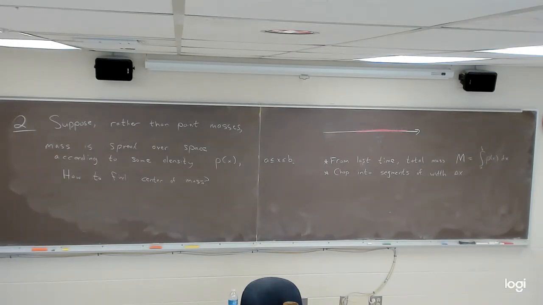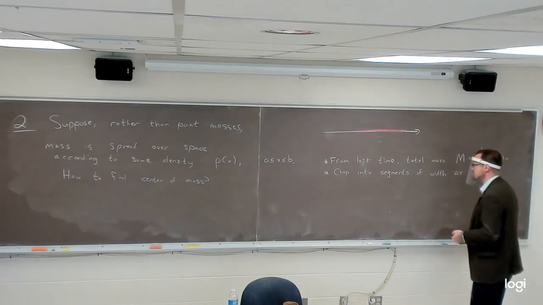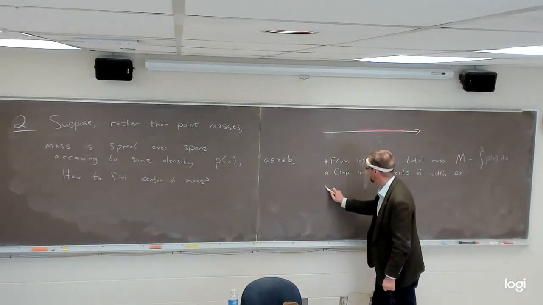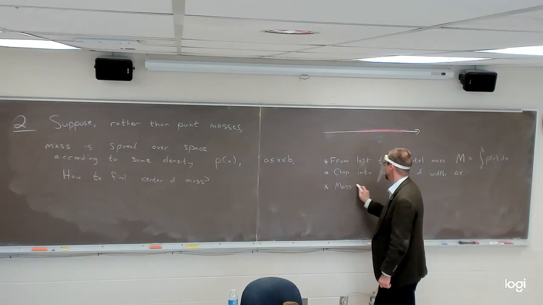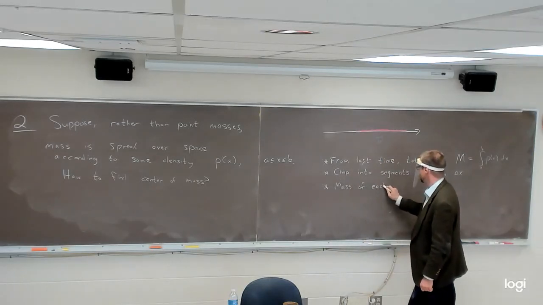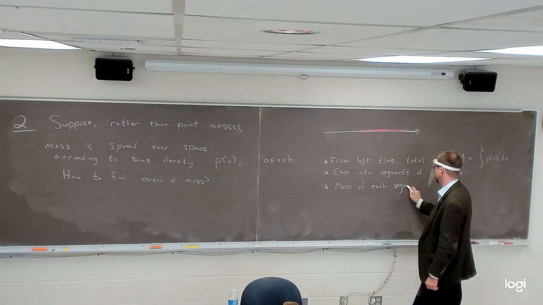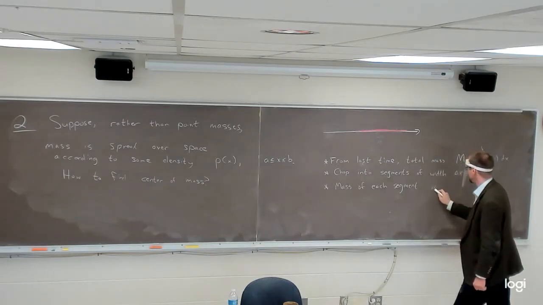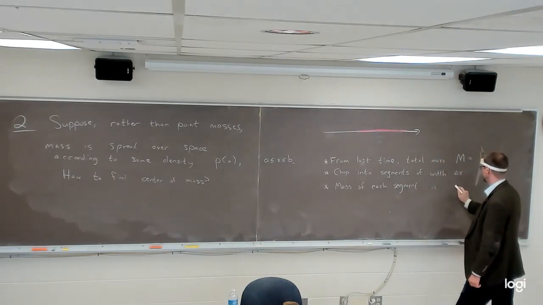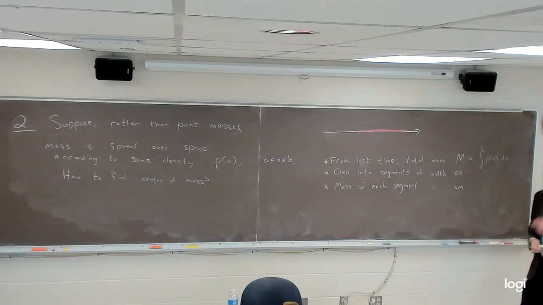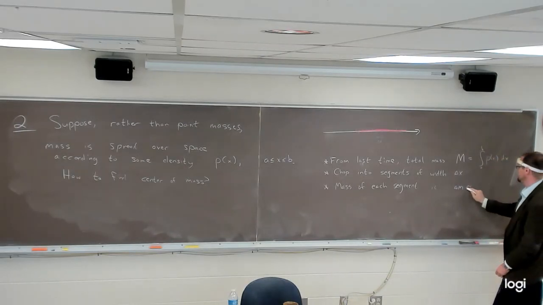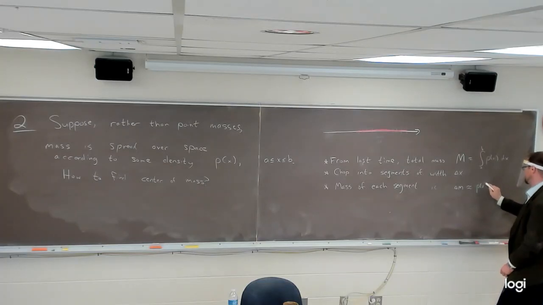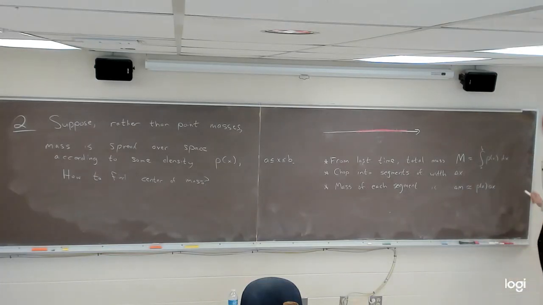First, what's its mass? And secondly, what's its coordinate? Where is it? Its coordinate is just x. The mass of each segment, we'll call this delta m for a little bit of mass, is basically density times delta x. That's the same analysis that we had last time.